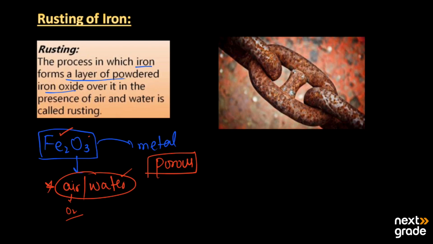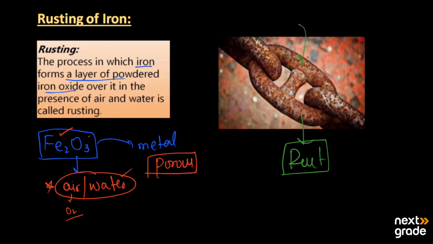In this picture you can see a chain made of iron, and it has dark brownish to light brownish pits over it. This is basically the formation of rust, known as the rusting of iron. Now why does this happen?